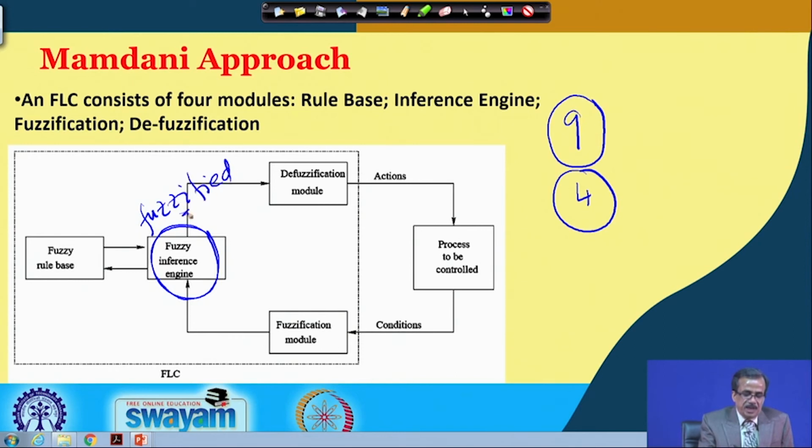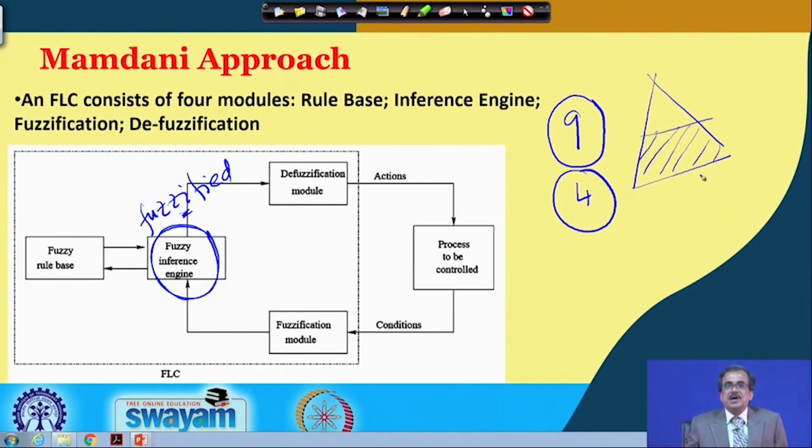This fuzzified output will be nothing but an area. For example, if it is a triangle, I could get this type of truncated triangle. This truncated triangle, shown as the shaded area, is the output of a particular rule.